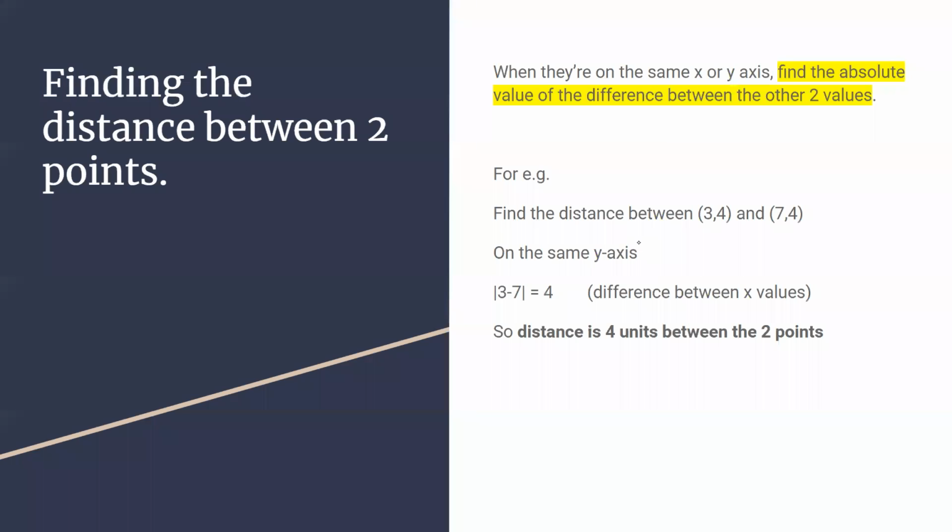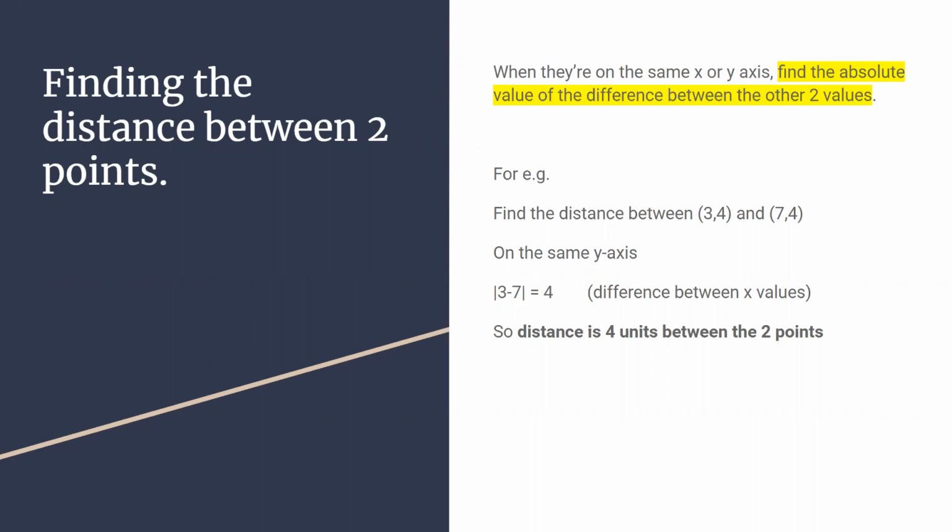Now we're going to be looking at finding the distance between 2 points. When you find the distance between 2 points and they're on the same x or y axis, all you can do is just find the absolute value of the difference between the other values. Look at this example real quick. If you find the distance between 3, 4 and 7, 4, they're on the same y-axis, because their y-coordinate is the same.